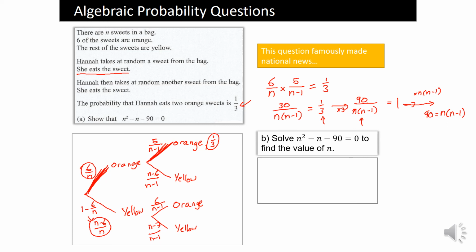Now if we expand out the right hand side, we've got 90 equals n squared minus n. And if we take 90 from both sides, we end up with 0 equals n squared minus n minus 90. So we've got what we wanted to show here.